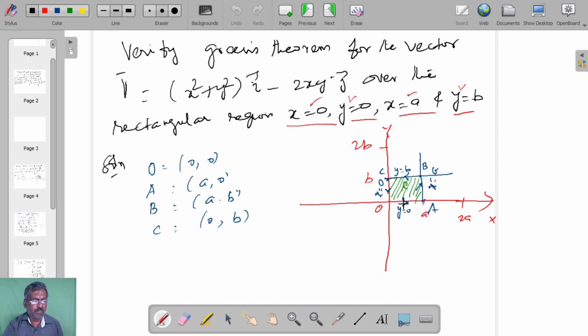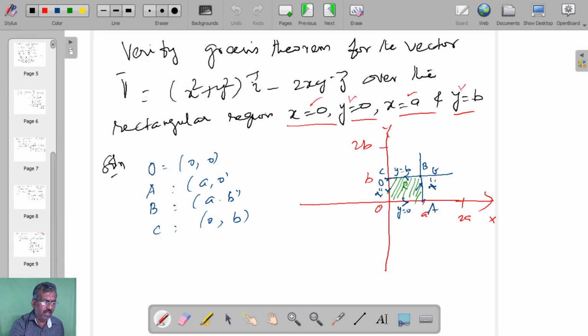Then we see whether the double integral region value and the single integral curve values are equal. If they are equal, then Green's theorem is verified. We are going to see the next sum in the next class. Thank you.